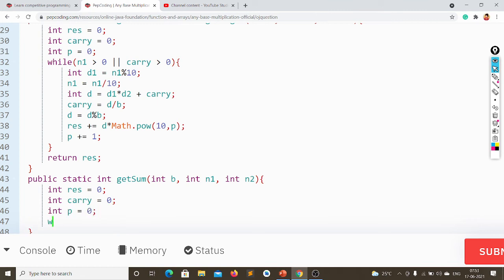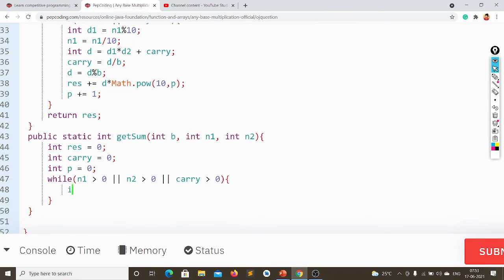Okay, and while n1 is greater than 0 or n2 is greater than 0 or my carry is greater than 0, what I'm doing is int d1 is equal to n1 modulo division 10 and int d2 is equal to n2 modulo division 10.